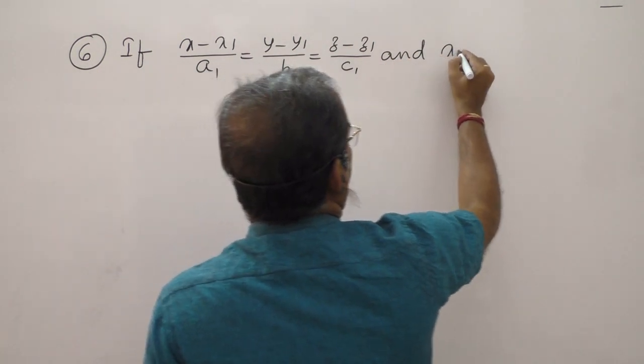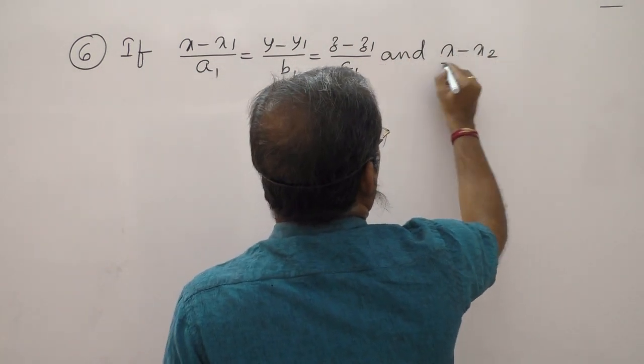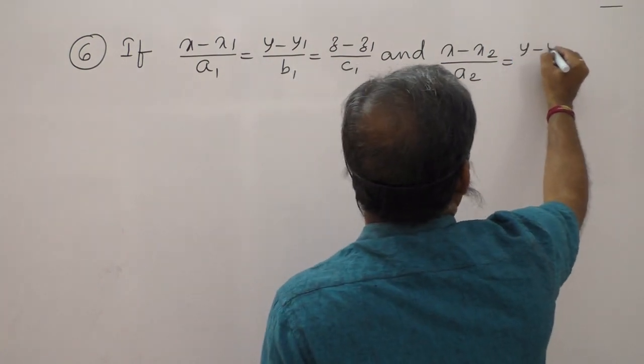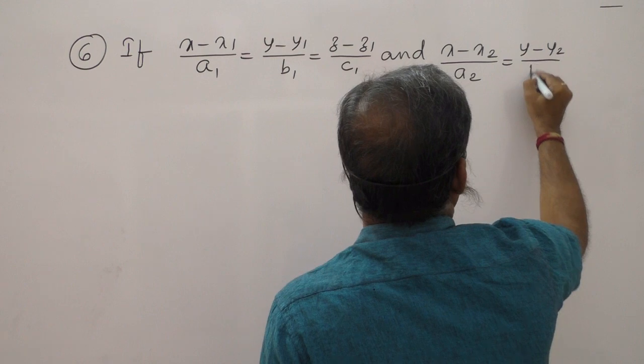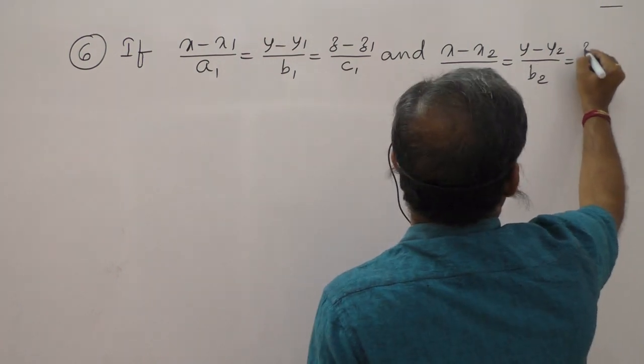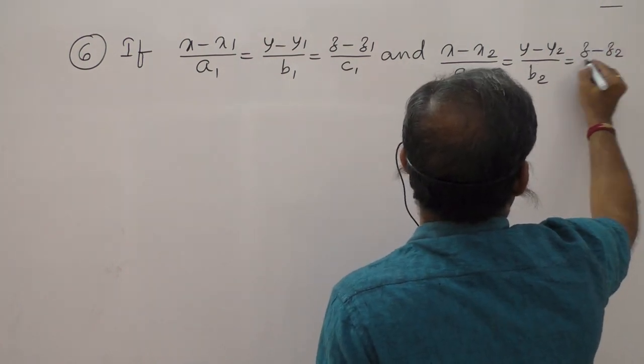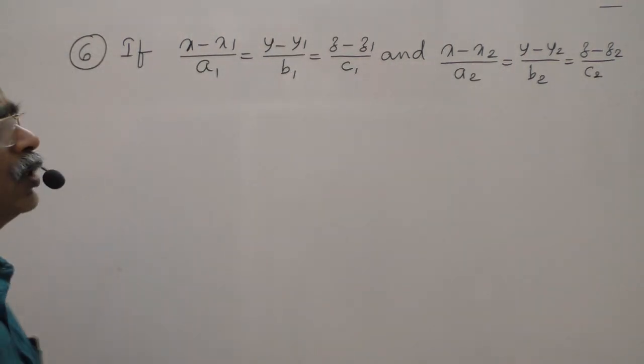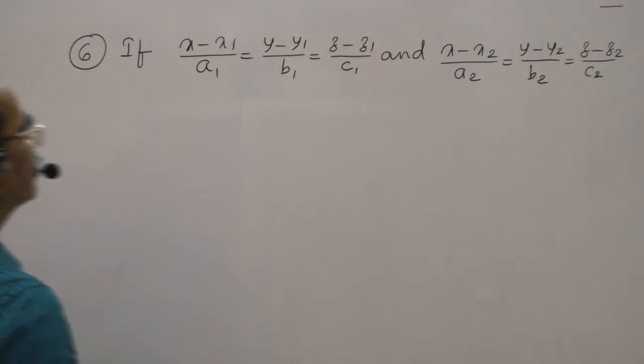And another line is given, (x minus x2) by a2, (y minus y2) by b2, and (z minus z2) divided by c2. These are the two lines which are in symmetric form, of course.